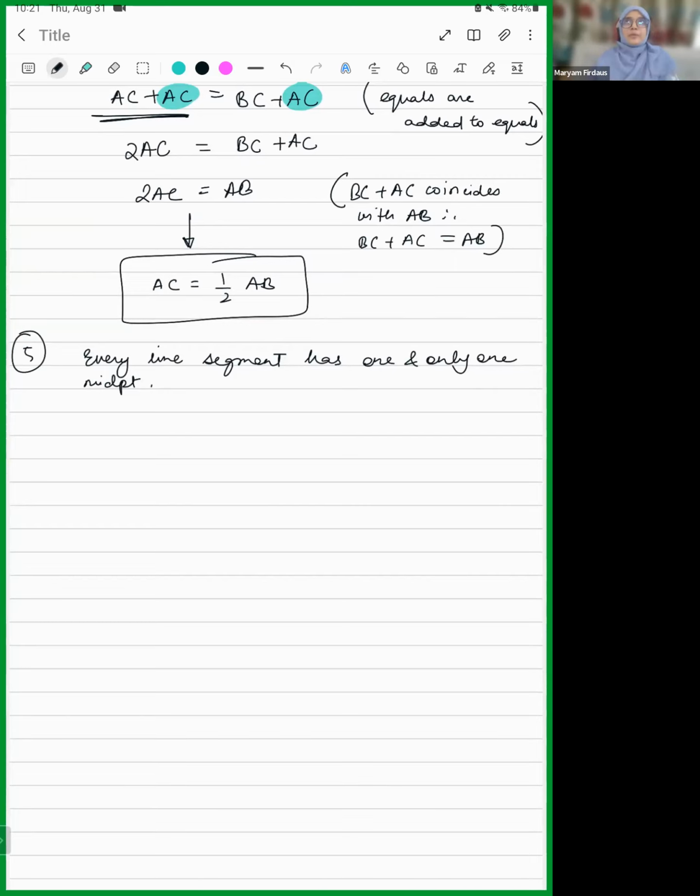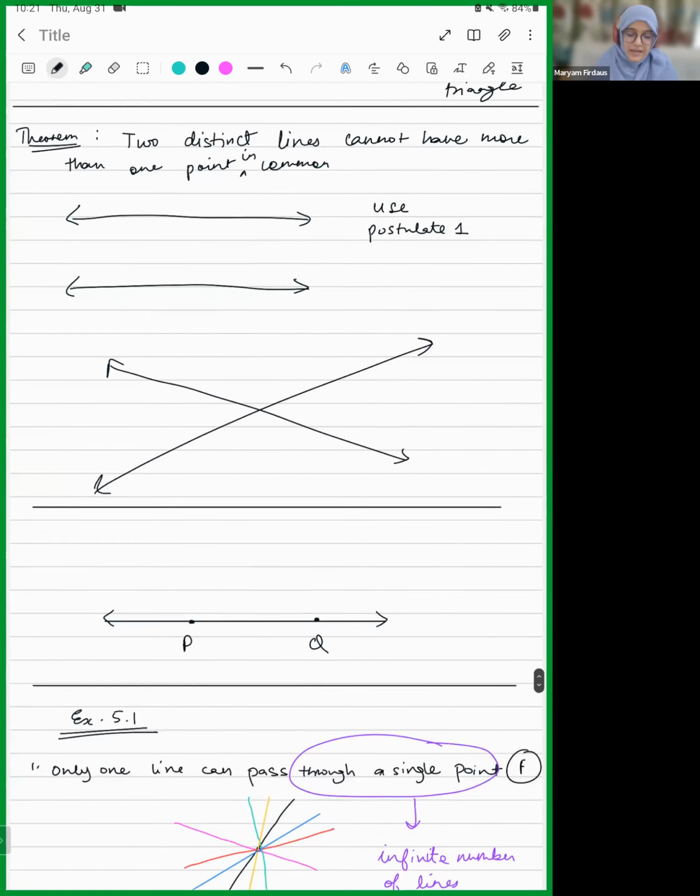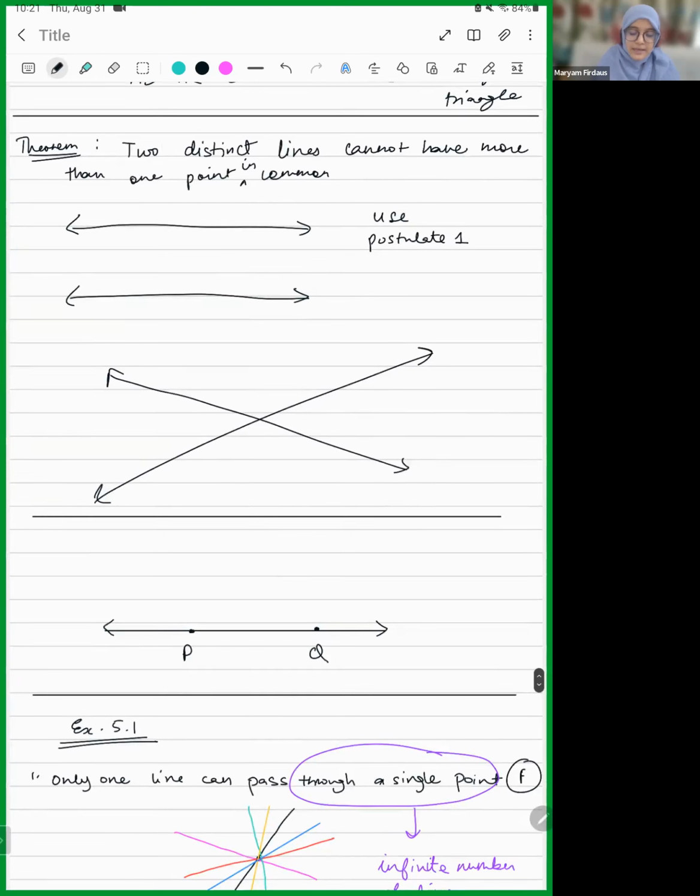Okay, let me tell you something about math. When you have to prove that something is unique, try taking an opposite assumption. Just like we did over here, we had to prove that two distinct lines cannot have more than one point in common.